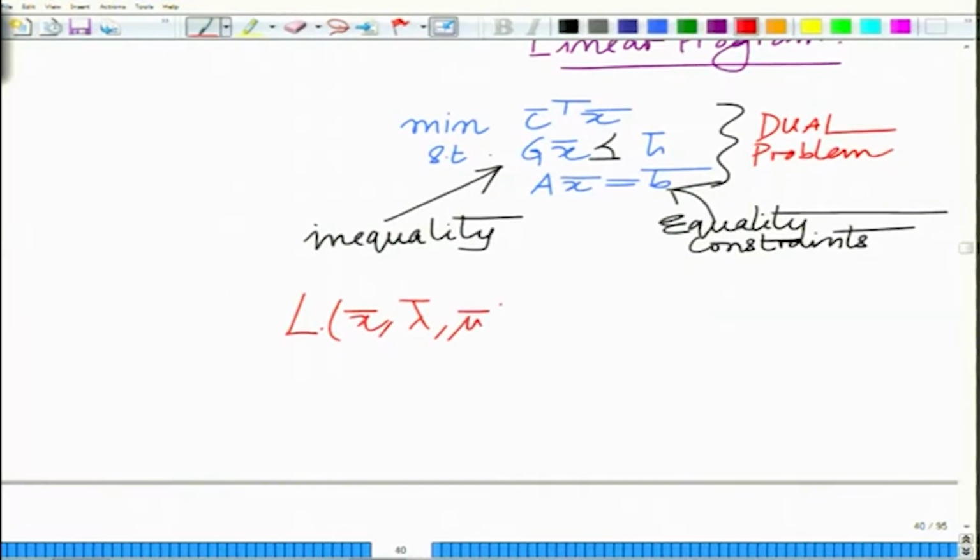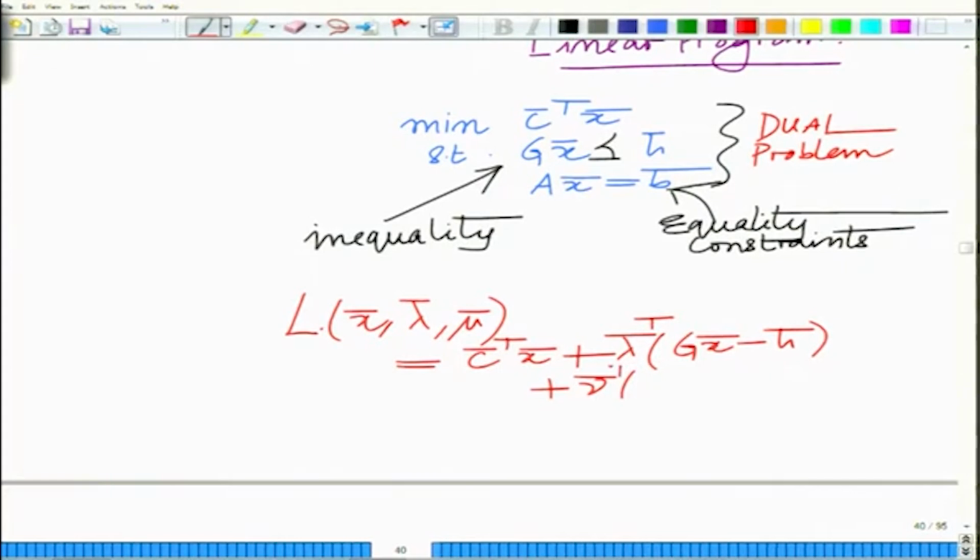This is L bar of x bar, lambda bar, nu bar, which is c bar transpose x bar plus lambda bar transpose (G x bar minus h bar) plus nu bar transpose (A x bar minus b bar). Of course, each Lagrange multiplier lambda i associated with the inequality constraints is greater than or equal to 0.